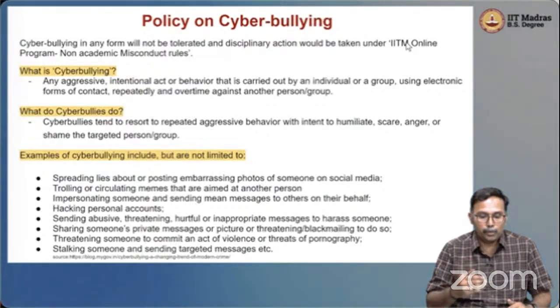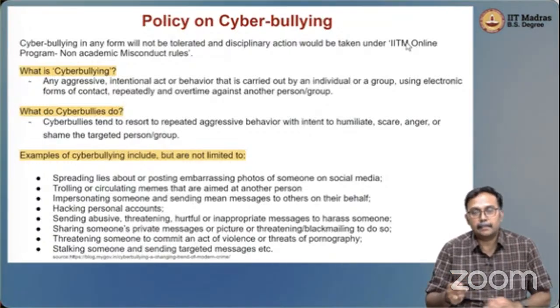Spreading lies about or posting embarrassing photos of someone on social media, trolling or circulating memes that are aimed at another person, impersonating someone and sending mean messages to others on their behalf, hacking personal accounts, sending abusive, threatening, hurtful or inappropriate messages to harass someone, sharing someone's private messages or pictures or threatening or blackmailing to do so, threatening someone to commit an act of violence or threats of pornography, stalking someone and sending targeted messages, etc. So as I already mentioned, this list is not comprehensive.